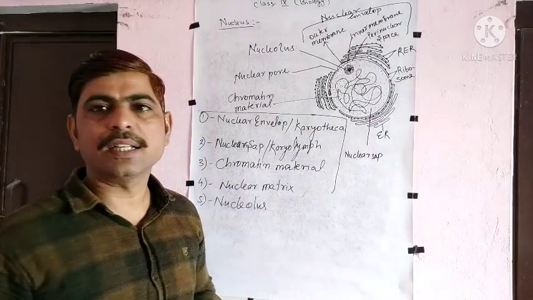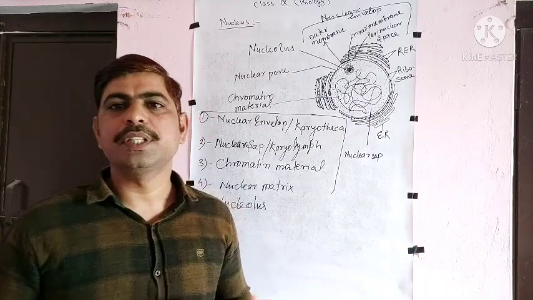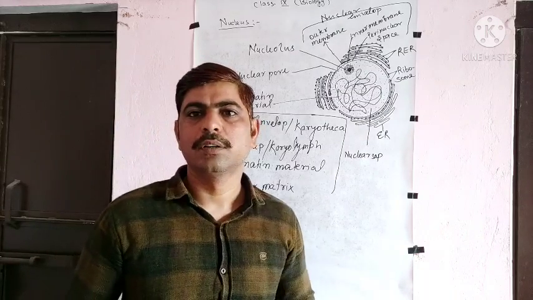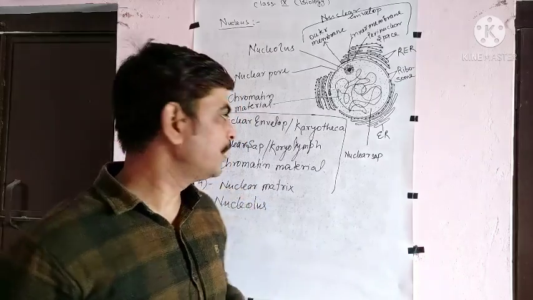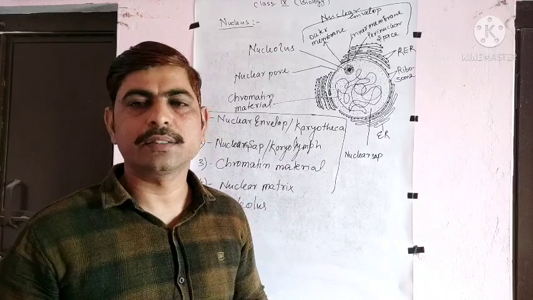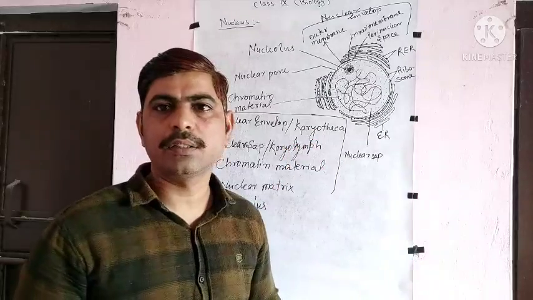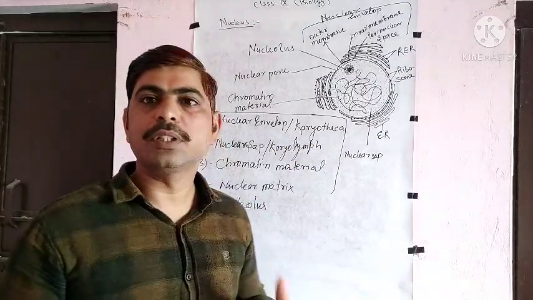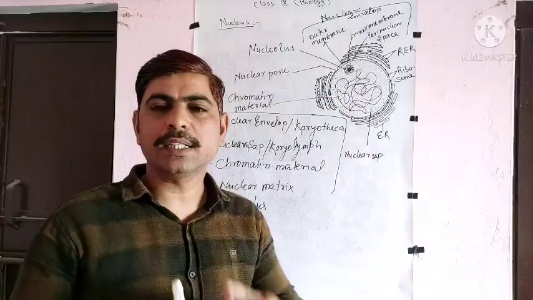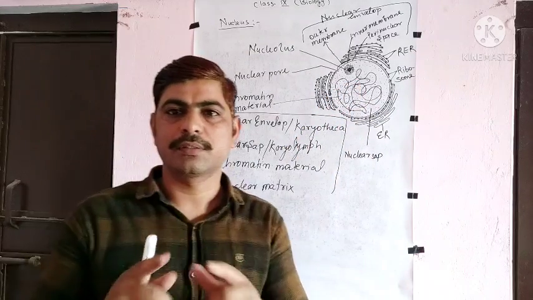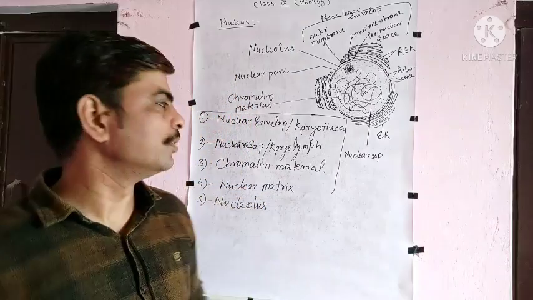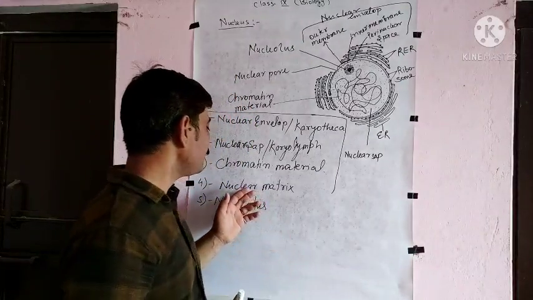Chromatin material is made up of DNA and protein. While the nucleus is at rest, they appear as insoluble, crisscross threads, and when the nucleus is preparing to divide, they aggregate in the form of ribbon-like structures called chromosomes.